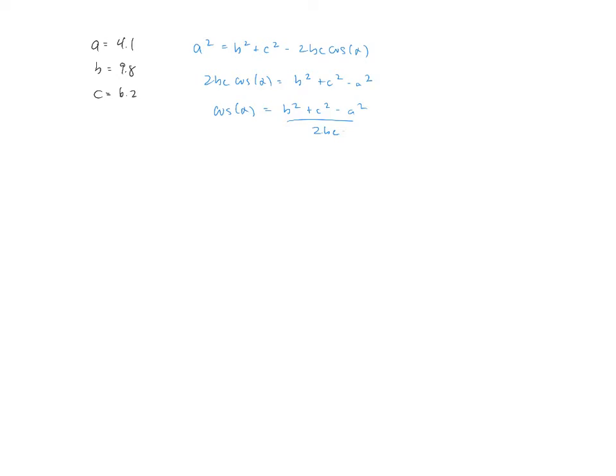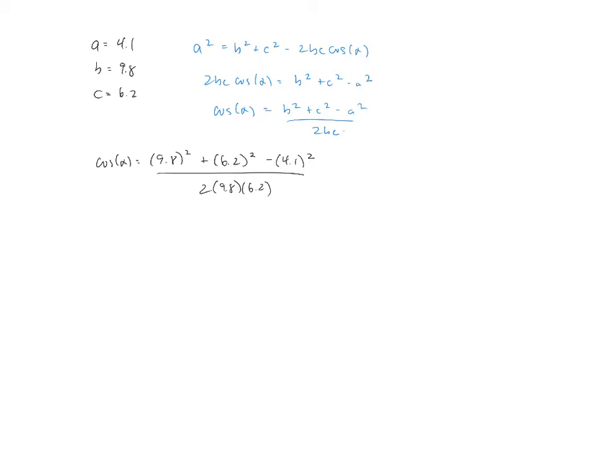So plugging all that stuff in now, I'll get cosine alpha equals 9.8 squared plus 6.2 squared minus 4.1 squared, all over 2 times 9.8 times 6.2.